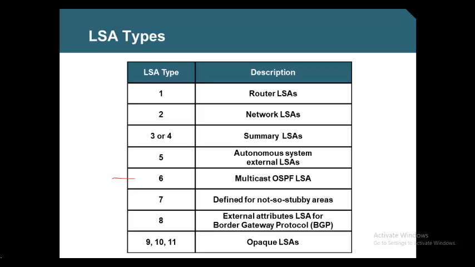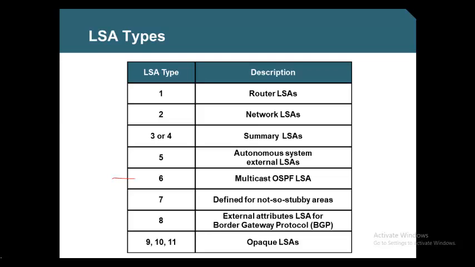Same way, when you are enabling BGP on the same router where you already have OSPF, and when you redistribute BGP routes into OSPF, this particular attribute, sorry, LSA type 8 comes into the picture.